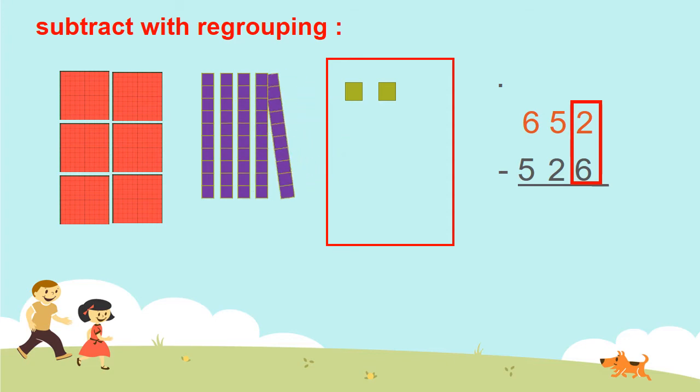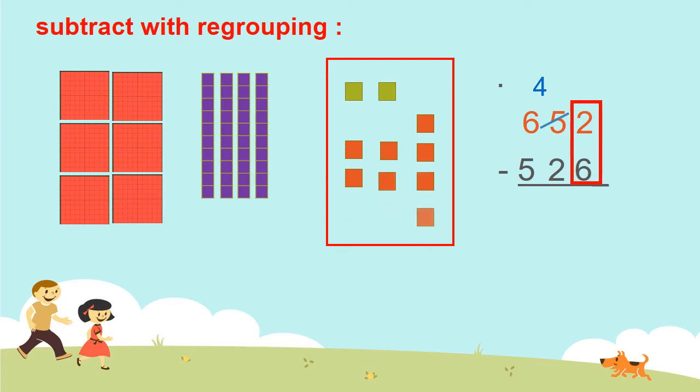We're going to take one from the tens, from our next door neighbor, and we're going to break it down to 10 ones. So this 10, I broke it down to 10 ones.